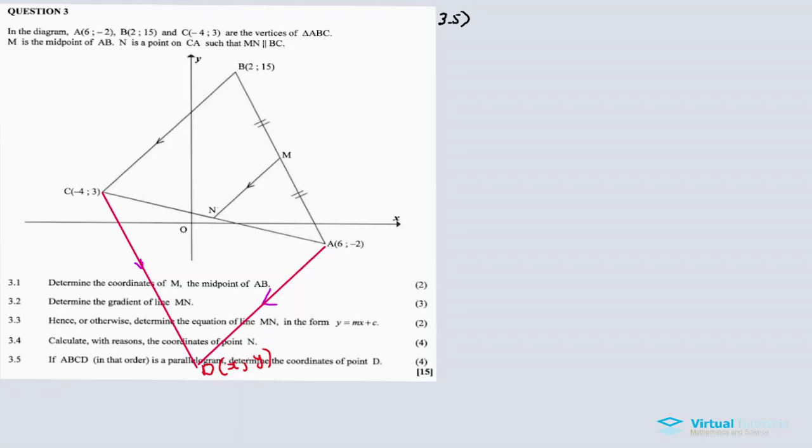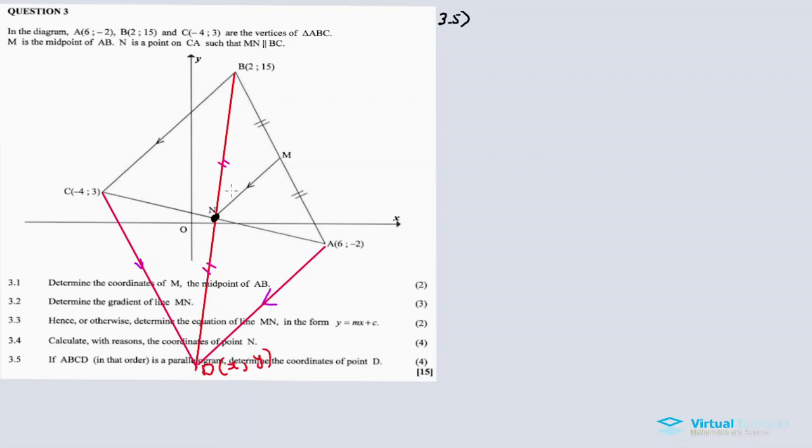We know the diagonals in a parallelogram intersect and bisect each other. So diagonal BD is being bisected by the diagonal AC. That also means N is also the midpoint for line BD.